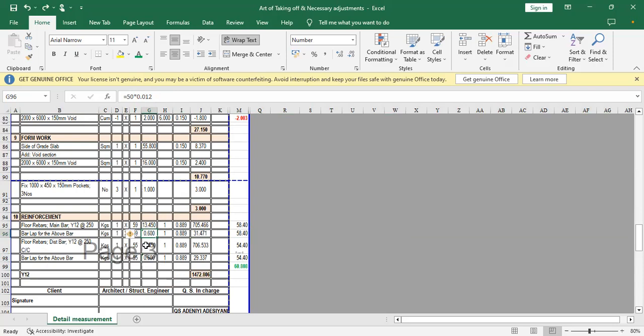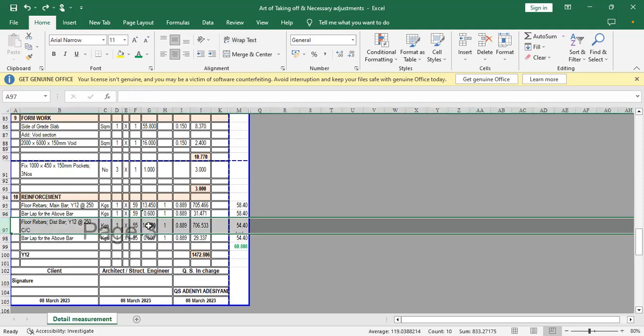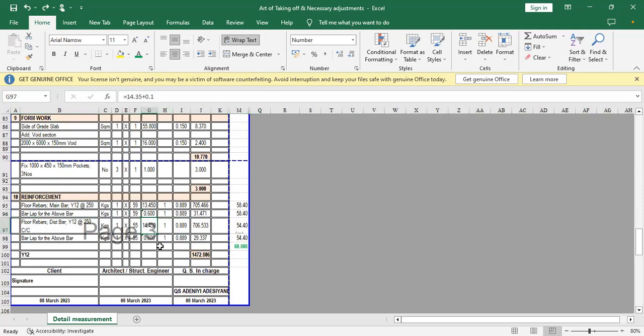So that is why we have bar lap here for the main bar, 0.6 meter cut length, the same number of 59. The same thing applies for the distribution bar, the cut length of 14.445. We also have a bar lap of 0.6 meter, the same number of 55.